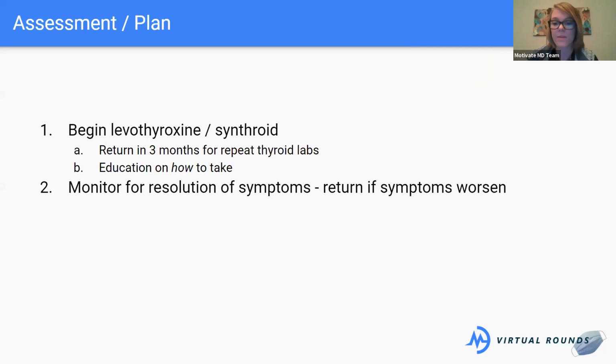Great. Take without food. Good. How long do we have to tell her to wait to eat, that is? Early in the morning. Good. An hour. Okay. Can she take it on an empty stomach with other medications? No. Yeah, absolutely right. Okay, good.